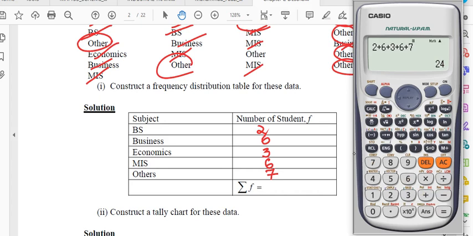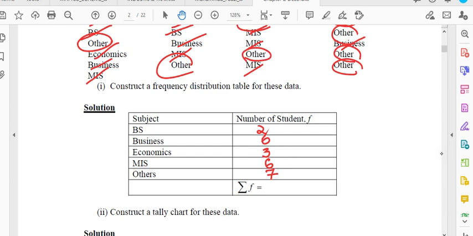Oh, you see, others are missing one more, so they have 8 here. It's supposed to be 8. So the total is 25.